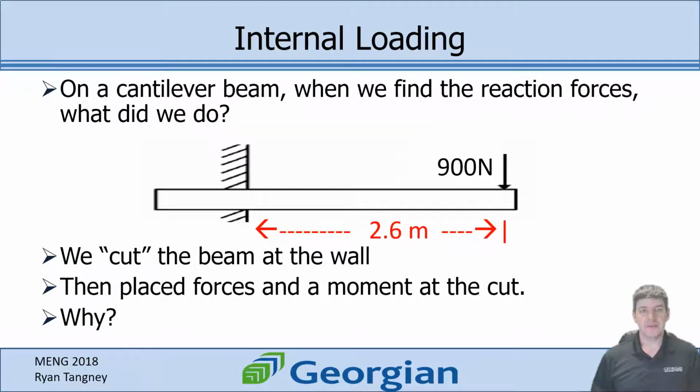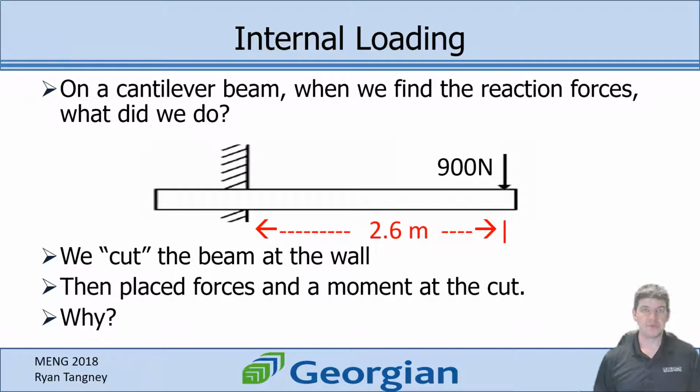So in the last video we looked at cantilever beams, and when we found the reaction forces in a cantilever beam, we went through the same sort of approach that we're going to go through when we look at internal loads. We went through a strategy where we cut the beam at the wall.